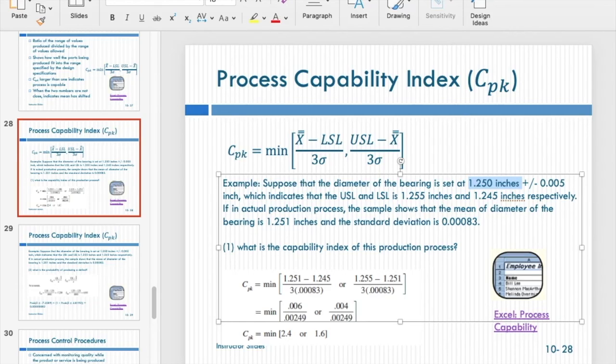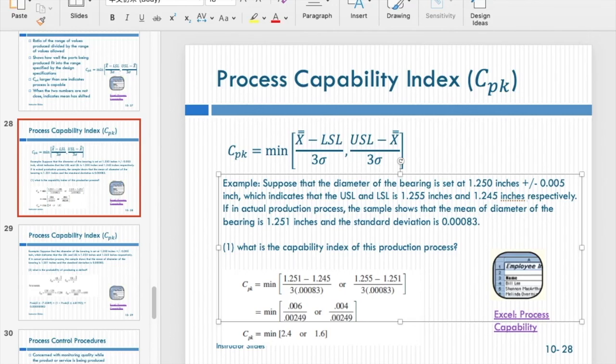So based on this information, we can figure out the upper specification limit and lower specification limit. I already tell you here, but you can simply calculate yourself. The upper specification limit is just 1.250 plus 0.005, and the lower specification limit is just 1.250 minus 0.005, in order to get 1.255 and 1.245.